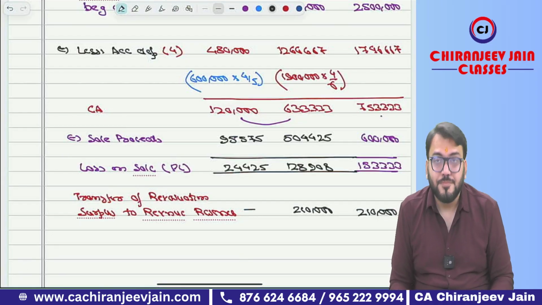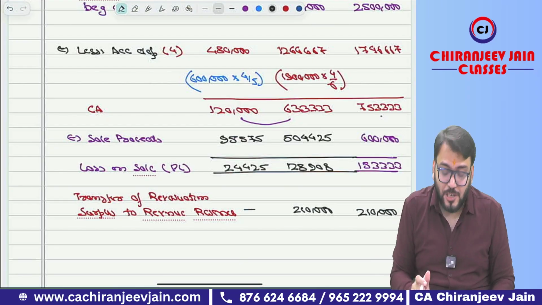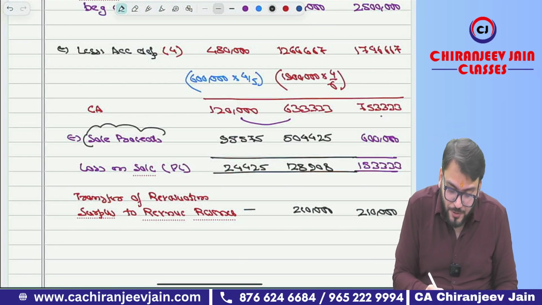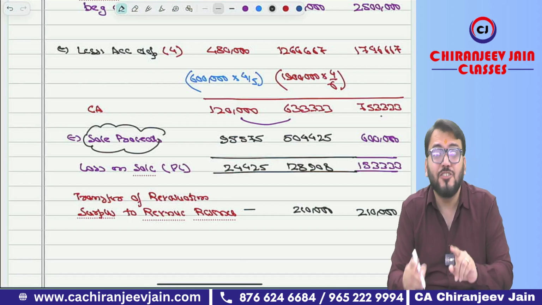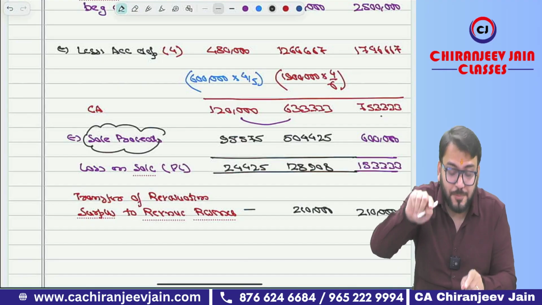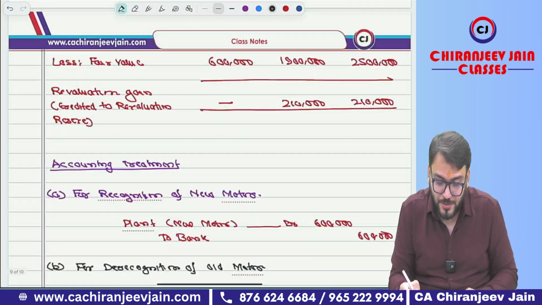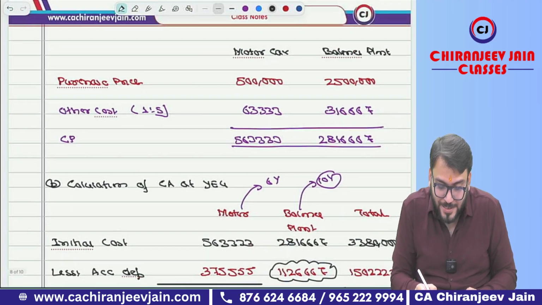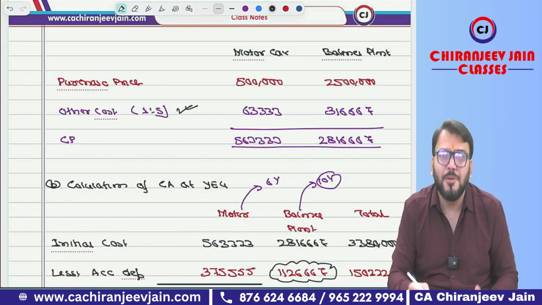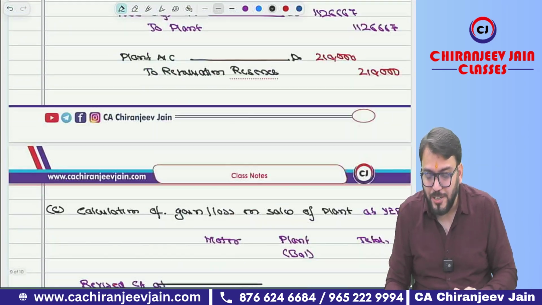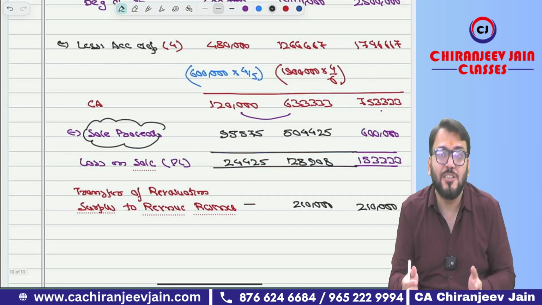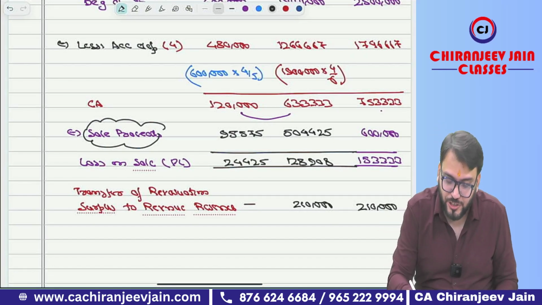Got this point? Now they have given one more alternative solution, that sale proceed we have allocated in the ratio of carrying amount. We can also allocate in the ratio of 1:5 as we have taken for this allocation. Initially we have allocated directly attributable cost in the ratio of 1:5. They are saying we can allocate in that way also. But from my point of view, this ratio is to be allocated, therefore I have taken the best allocation ratio.